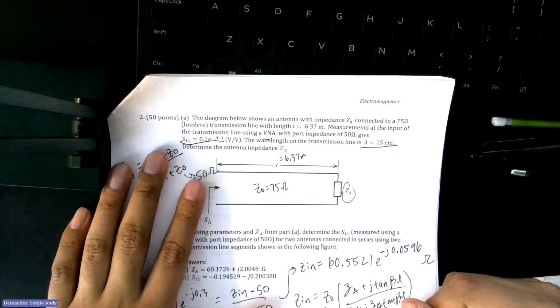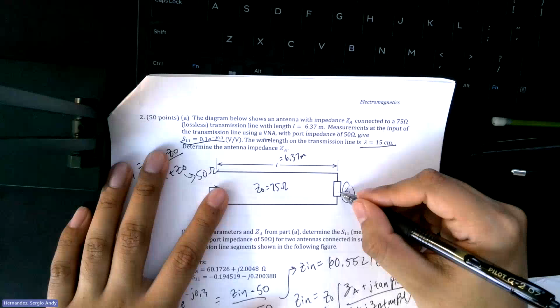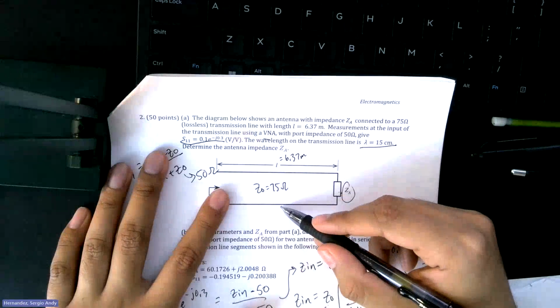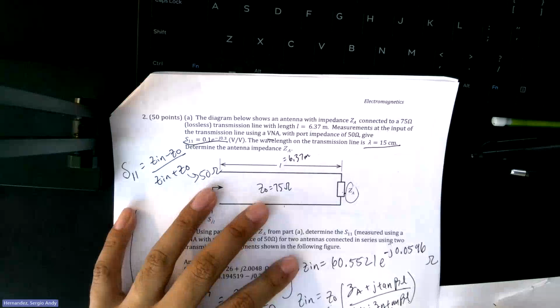This one is normalizing your load with the characteristic impedance, right? To get your normalized load impedance. So this one as well will be 75 ohms.